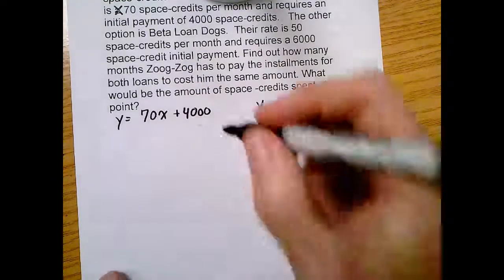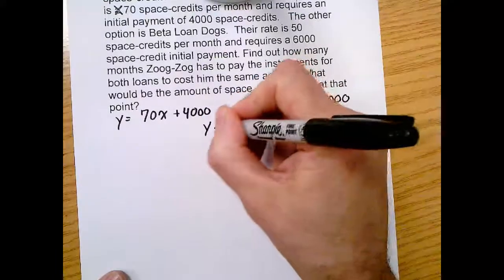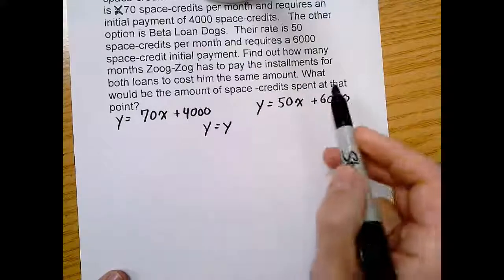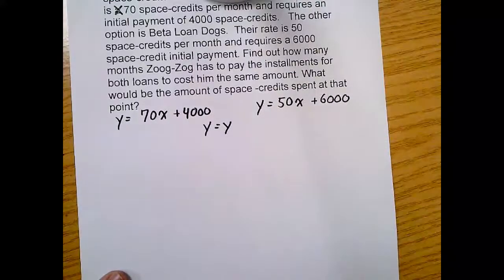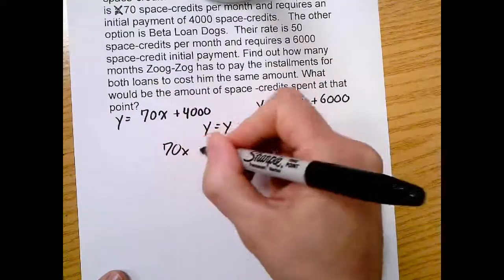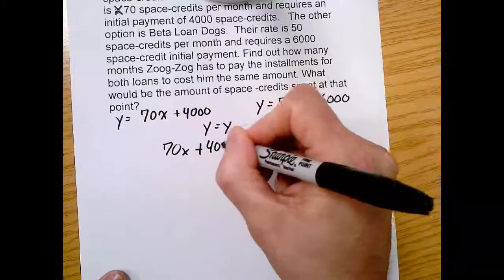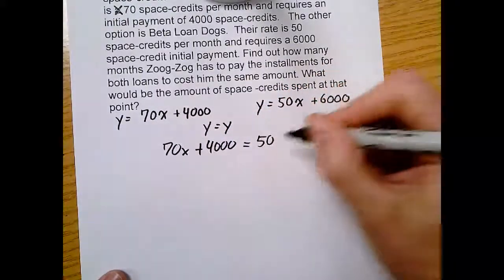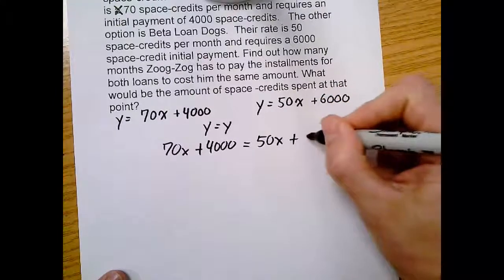We can think about this conceptually, that y equals y. If y is the same, then this y is the same as that y. Or less mathematically, we're trying to figure out when they're the same, so let's make them the same. So I'm going to say 70x plus 4,000 is equal to, or is the same as, 50x plus 6,000.